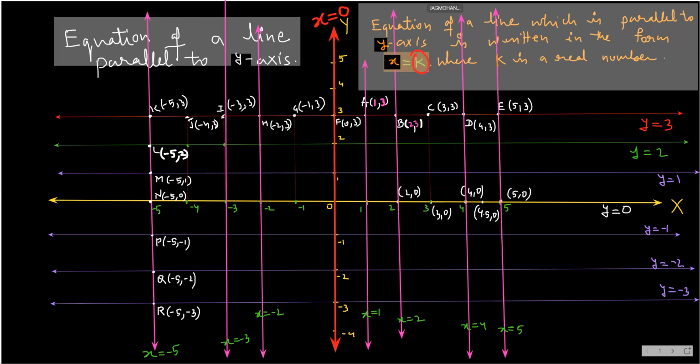See, k is 0, x equals to 0. Or you can also say that every point on this line has x coordinate 0. You know that every point on the line has x coordinate 0.